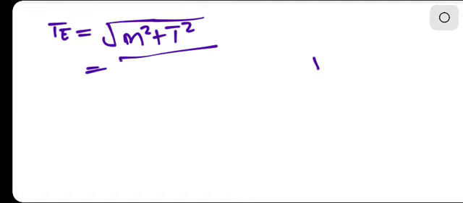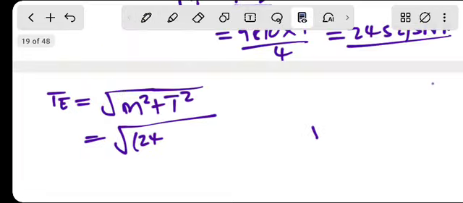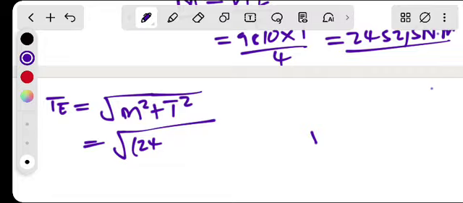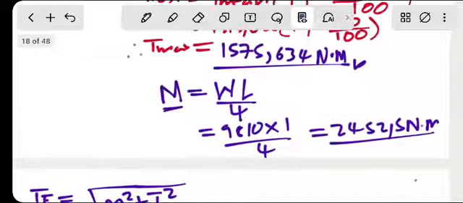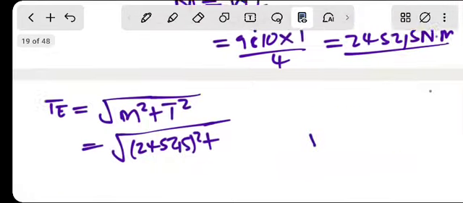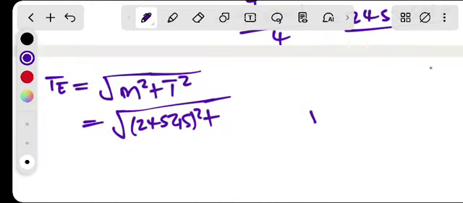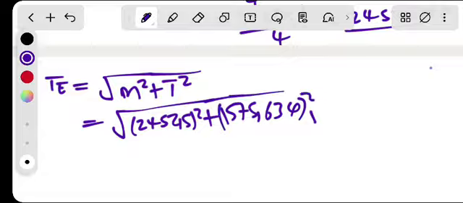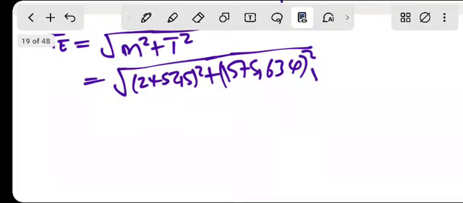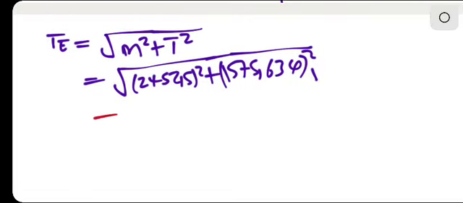So we have 2452.5 squared plus the maximum torque, which was 1575.634, all squared. Then this will be equal to what?